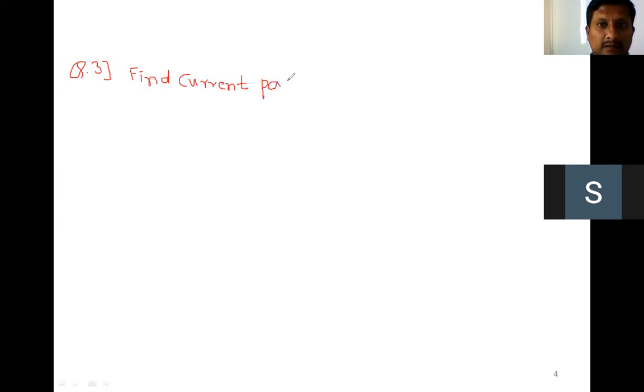Find the current passing through the 100 ohm resistor in the given circuit by using nodal analysis.